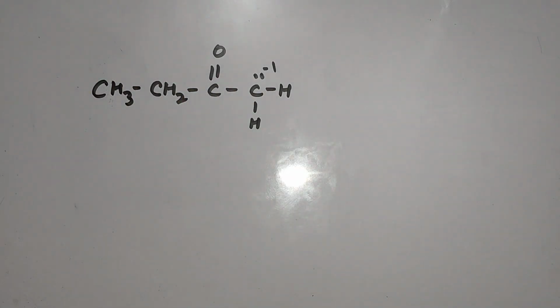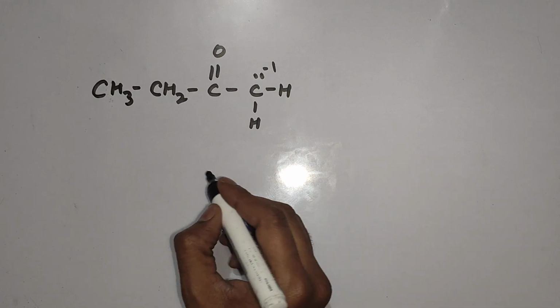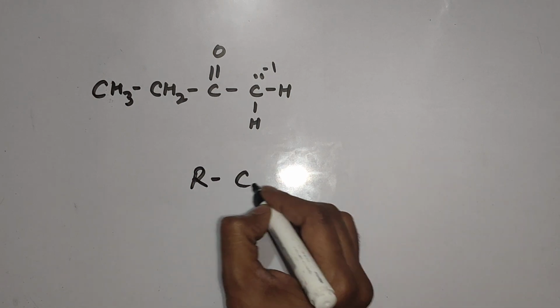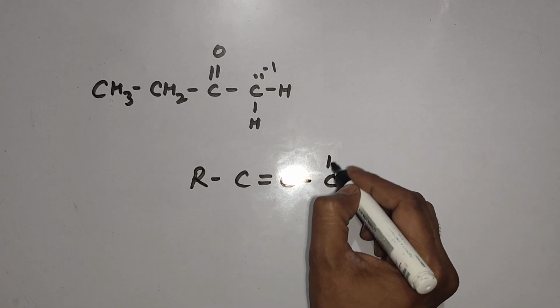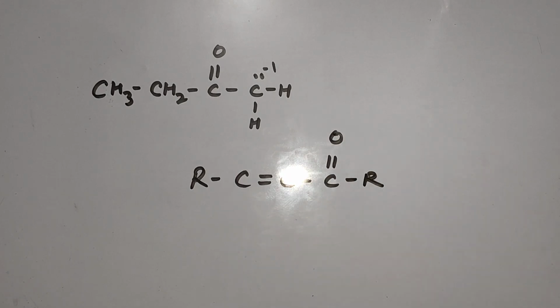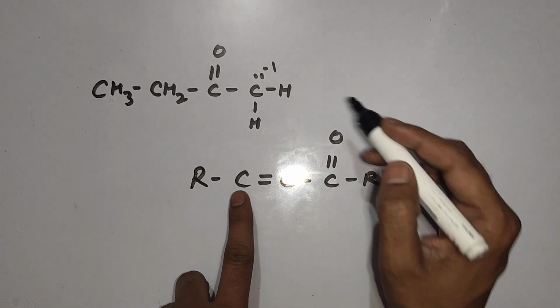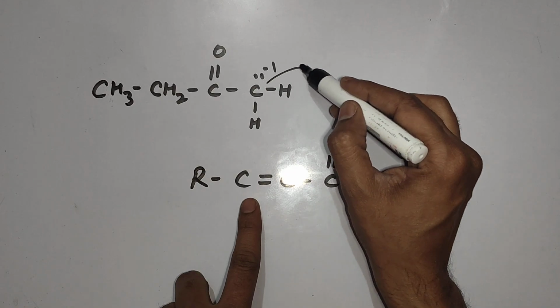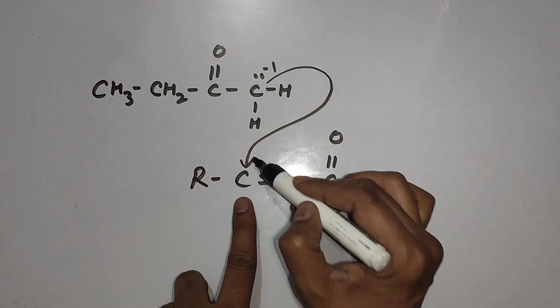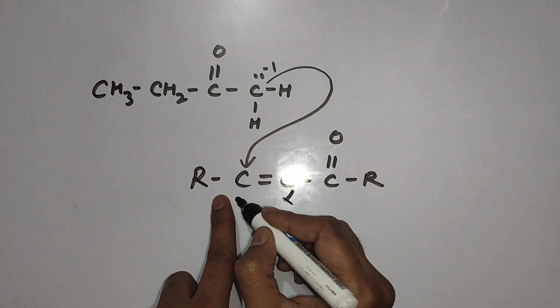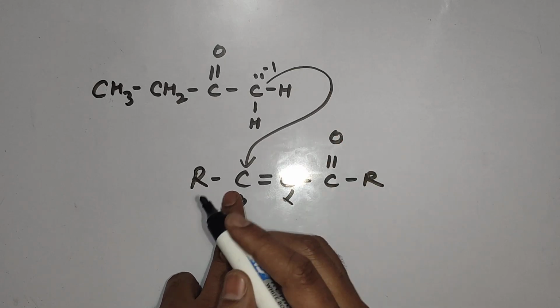Yes, now alpha, beta unsaturated ketones will come into play. This is an alpha beta unsaturated ketone. Now this carbanion which is generated over here will attack the beta carbon, this one. This was alpha carbon, this is beta carbon. It will attack here. Reason?